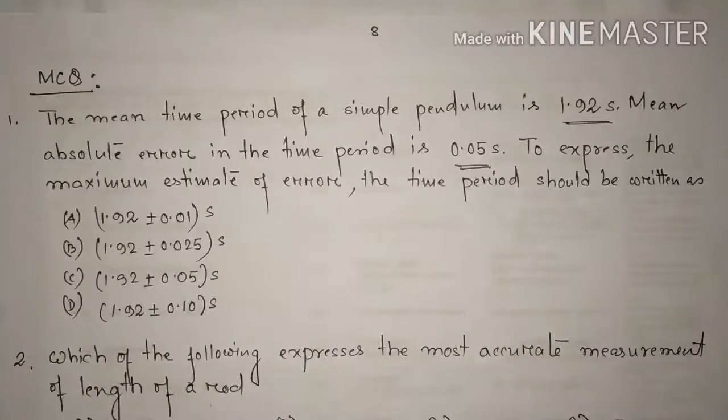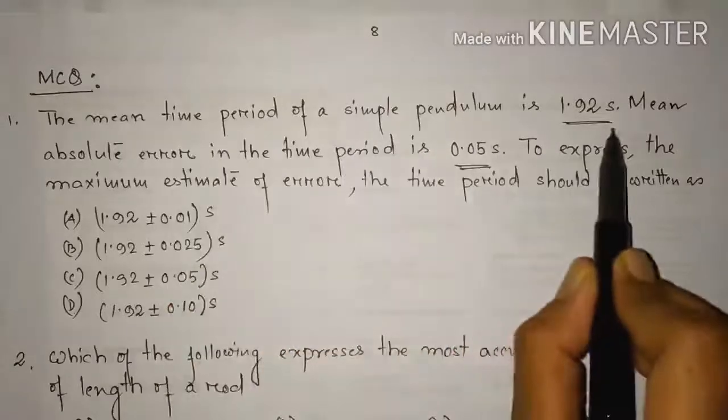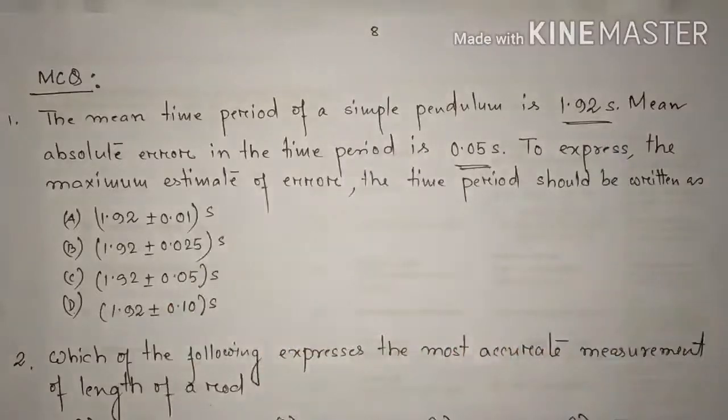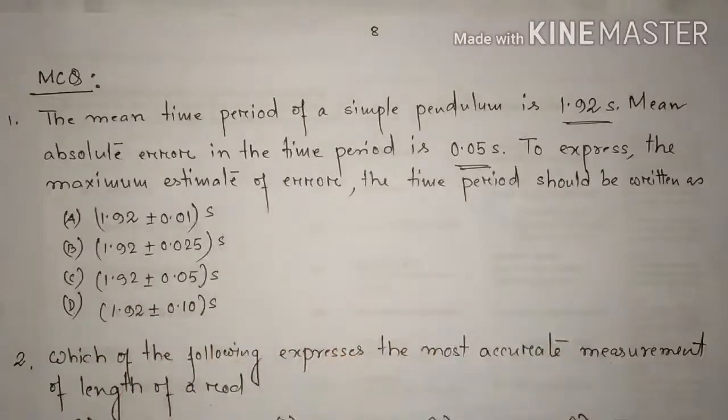Therefore, how to represent? The mean time period of a simple pendulum is this one, 1.92 second. Mean absolute error in the time period is this one. To express the maximum estimate error, time period should be written as.